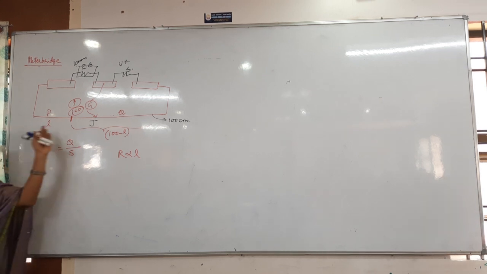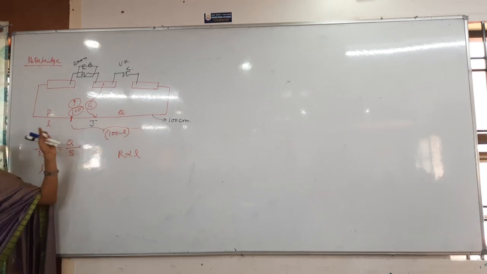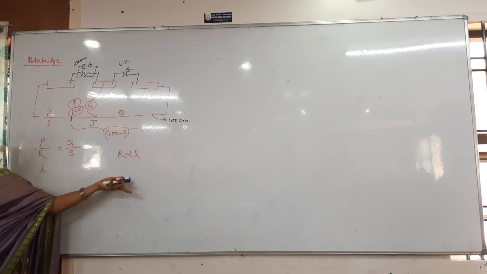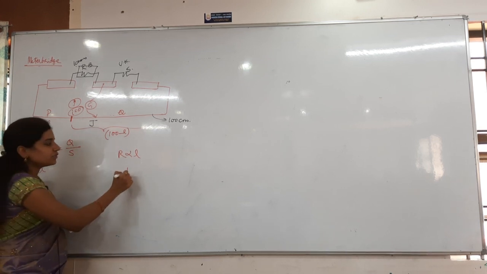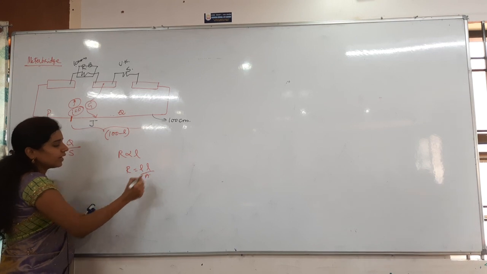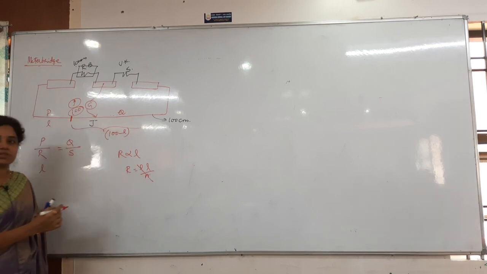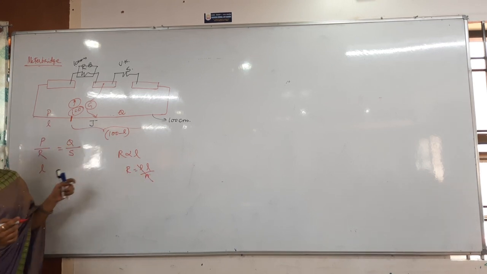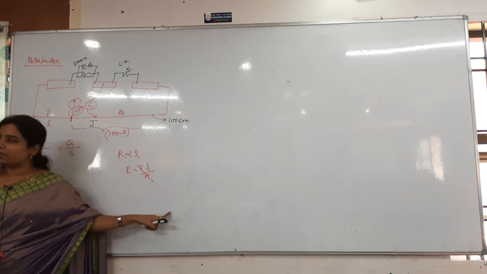The area is the same, since it is a uniform wire of the same metal, so resistivity is also the same. If R equals rho L by A, with area and resistivity the same, then R1 by R2 is equal to L1 by L2.